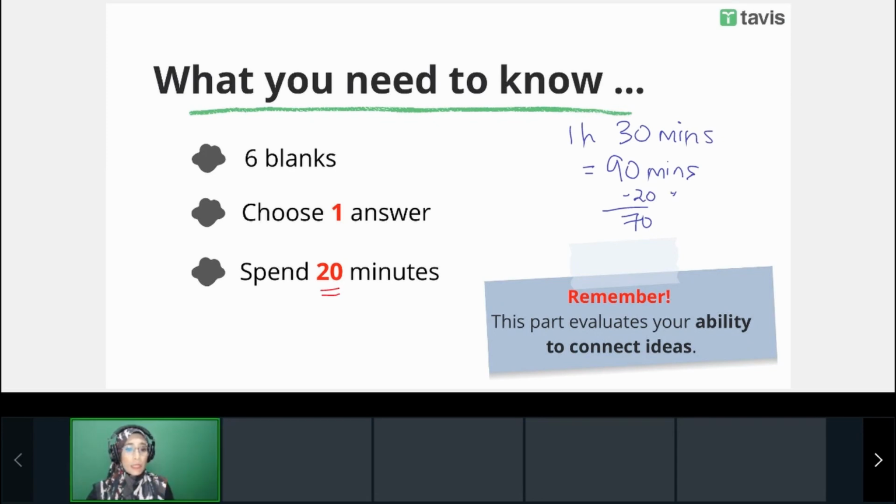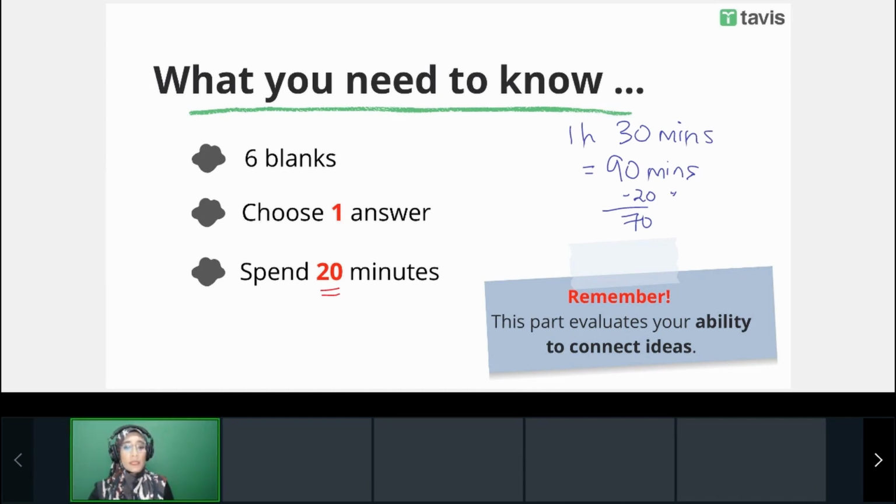Please note that you are allowed to spend 20 minutes for this part. Do not exceed more than that because we have other parts to attempt, like part 1, part 2, part 3, and you still have part 5 to go. So please allow yourself around 20 minutes to answer this part 4.